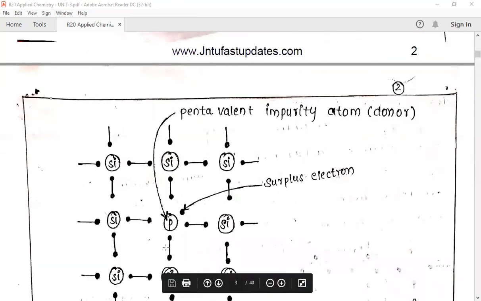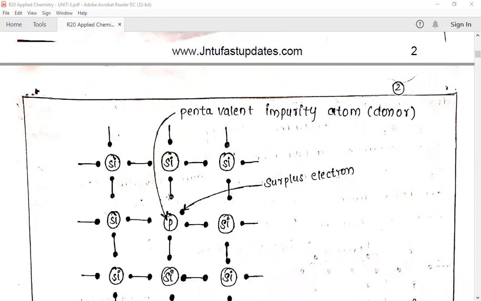See here, this is a pentavalent element which has 5 electrons: 1, 2, 3, 4, 5. Out of these 5 electrons, 4 electrons are bonded to the adjacent silicon. What about this electron?